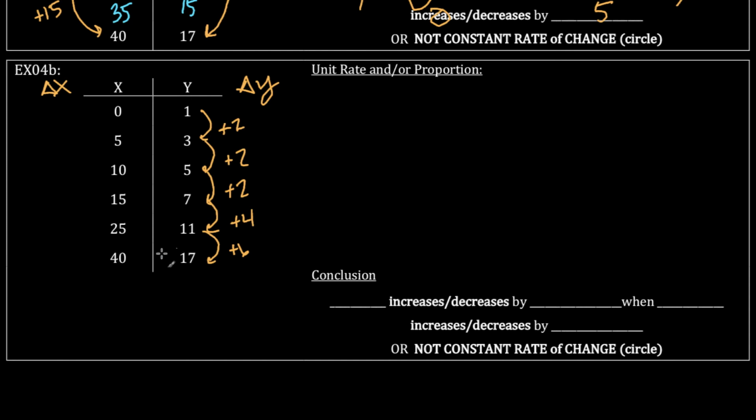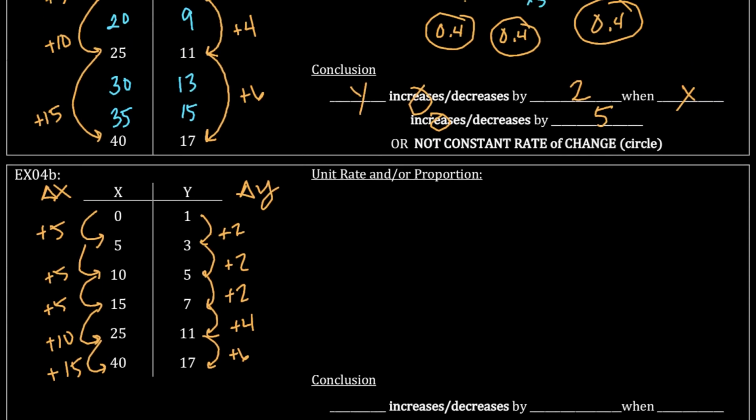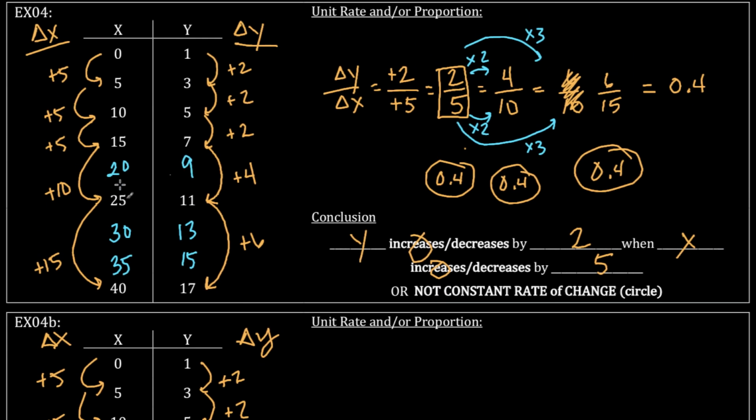It's just skipping some in between values. Or it can be okay, as long as it makes sense over here. So +5, +5, +5. This one's +10. And this one was +15.